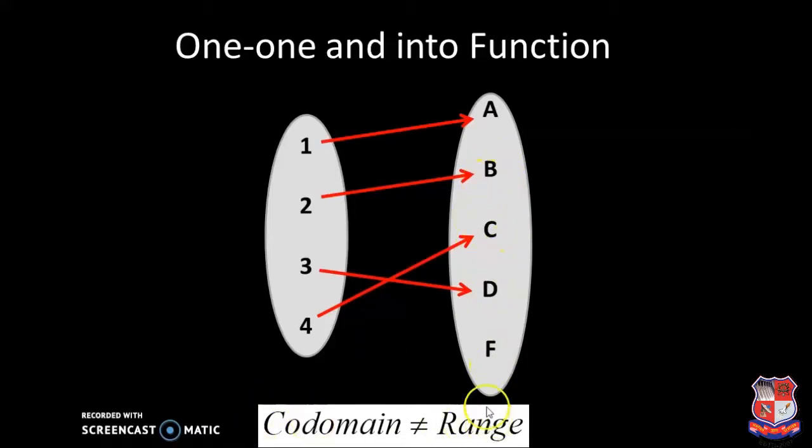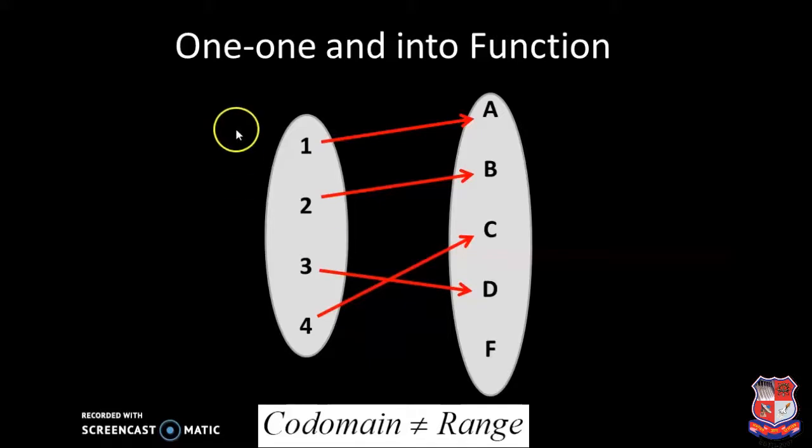Here, range does not equal to codomain because range does not include F and codomain includes F. So we say that range does not equal to codomain.